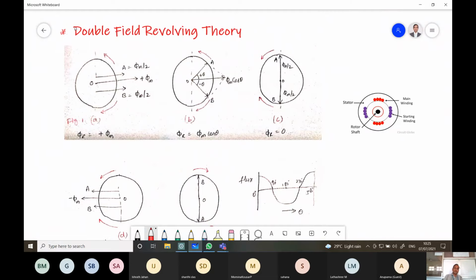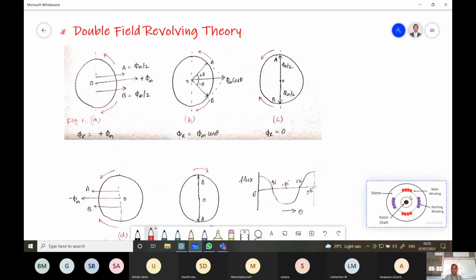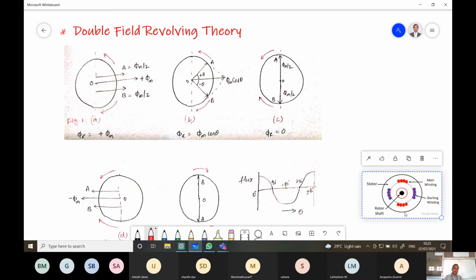According to this theory, an alternating quantity can be resolved into two oppositely rotating vectors. Initially, in figure A, there is a rotating vector A and a rotating vector B. There are two vectors here.